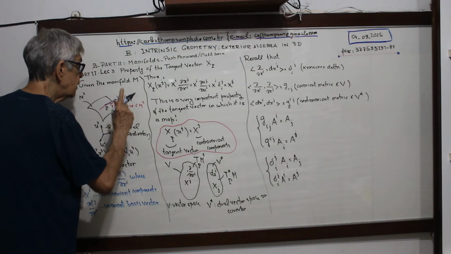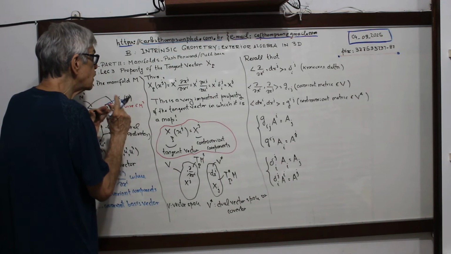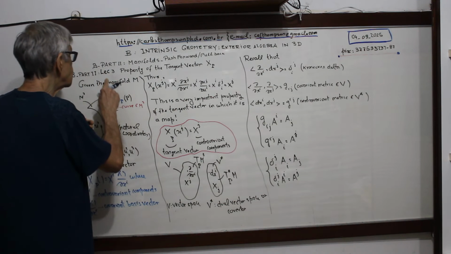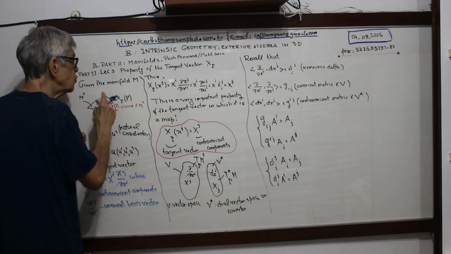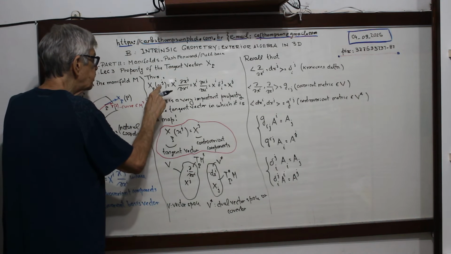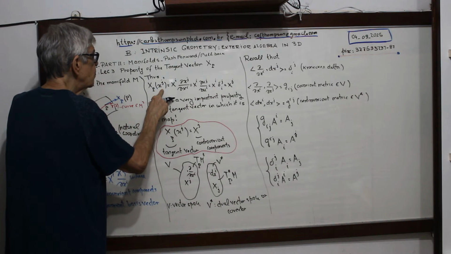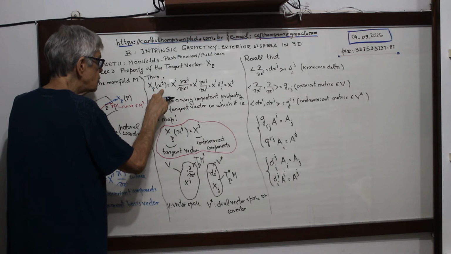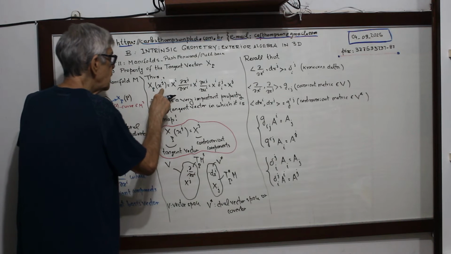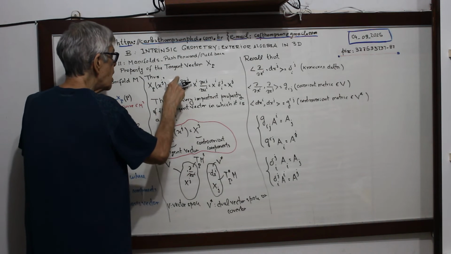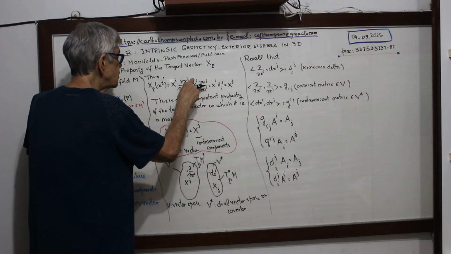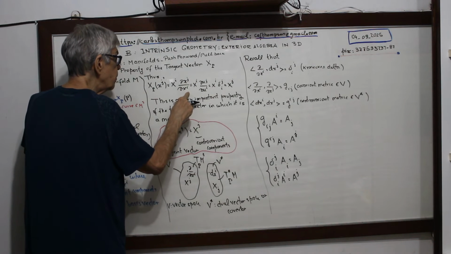Now comes the important property. From the previous lecture, lecture 2, Xp acting on this coordinate function xj gives Xi partial of xj with respect to xi.